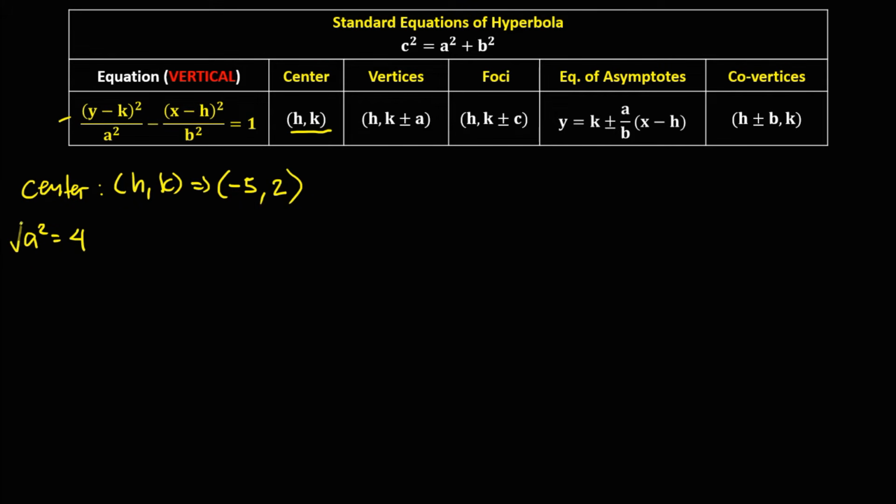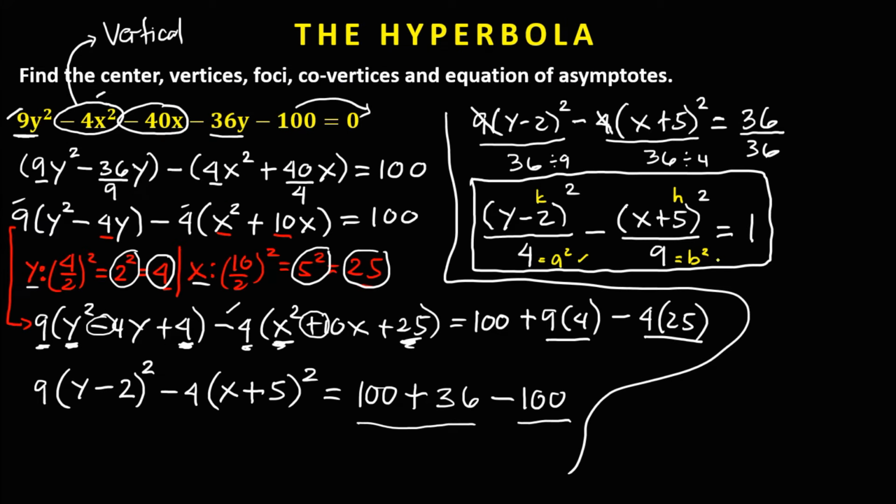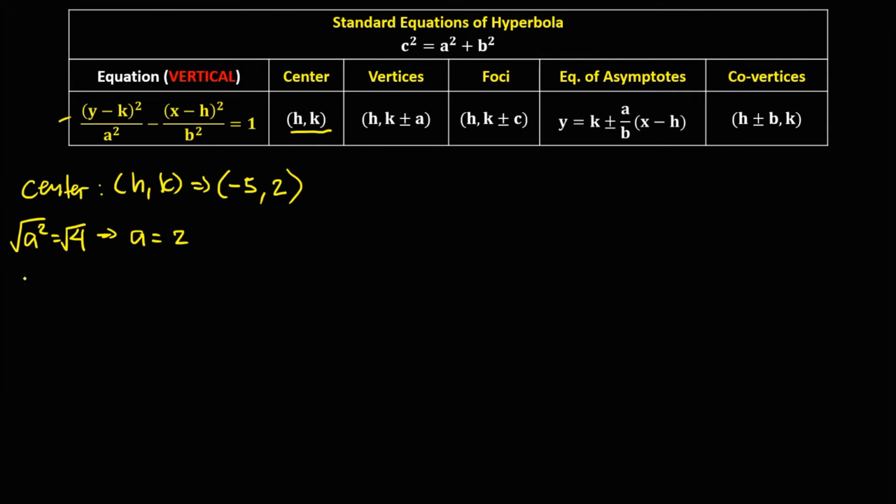To solve for a, just take the square root. Therefore, a equals 2. And to solve for b, since b squared equals 9, take the square root. So therefore, b equals 3.